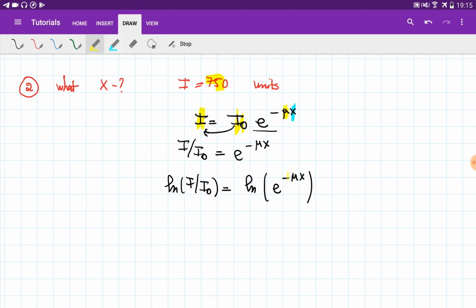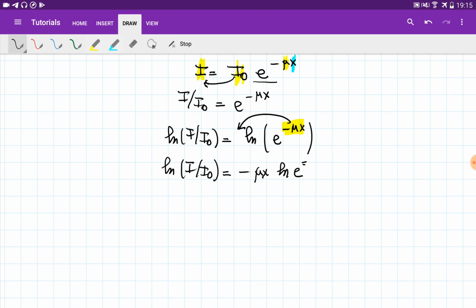Then the mu x comes down. It's going to be ln of I over I0 is equal to minus mu x times ln of e. ln of e is equal to 1. Then from here we can find x. So x is going to be minus ln of I over I0 multiplied by 1 over mu.